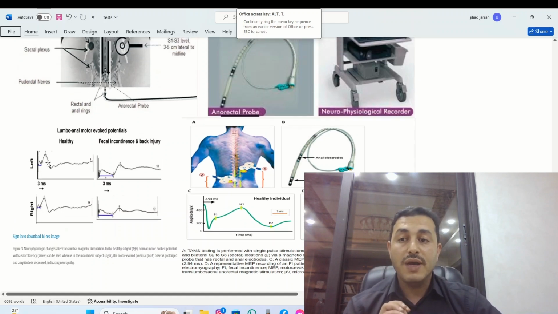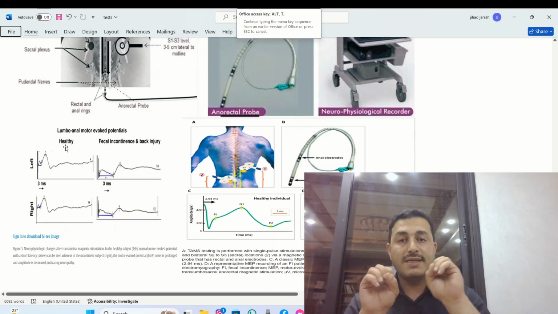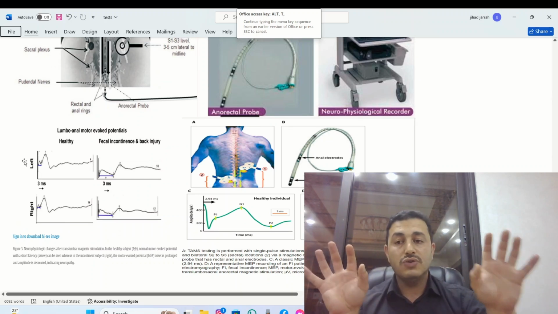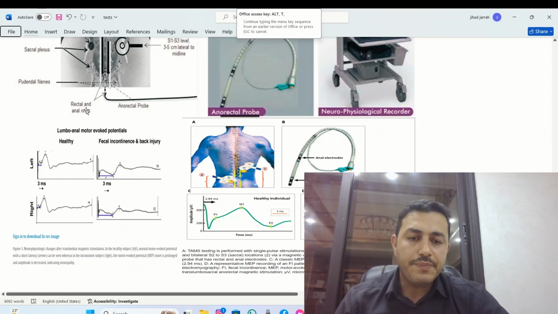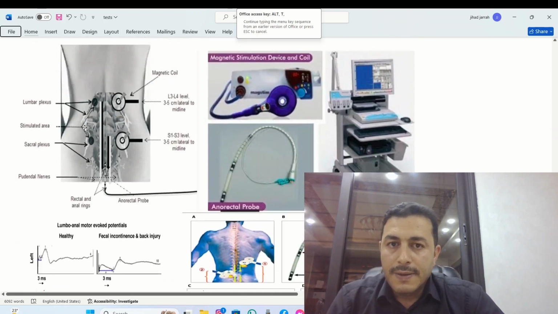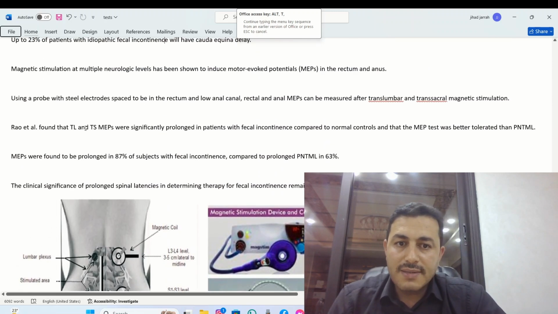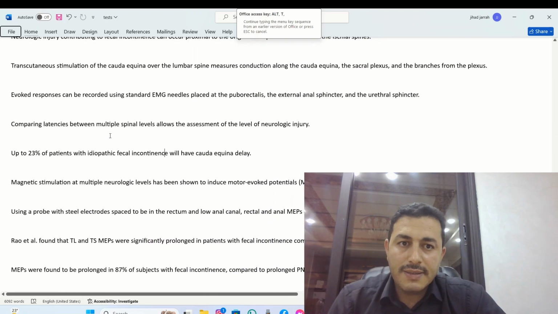For example, in a normal, healthy patient, a stimulation to the sacral plexus will cause contraction, and the time between stimulation and contraction should be less than, I think, 2 seconds or something like that.